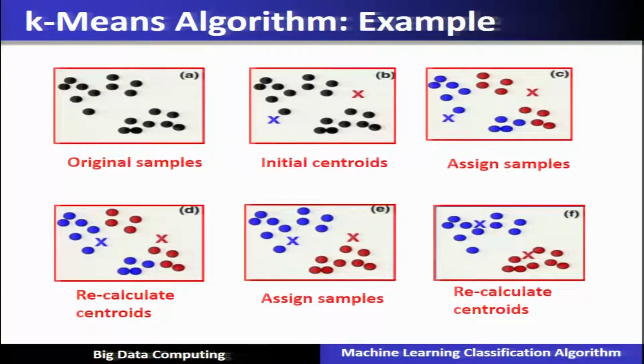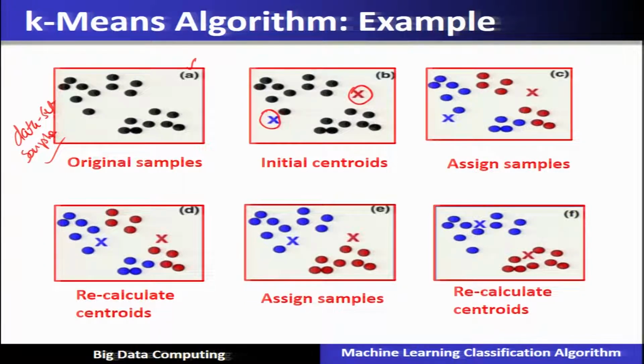So, let us see an example of this K-means algorithm on an original data set. Let us say figure 1, or figure A, denotes the original data samples. This is the original data set sample. Now, let us place 2 clusters. These are the initial centroids placed into the original data set.